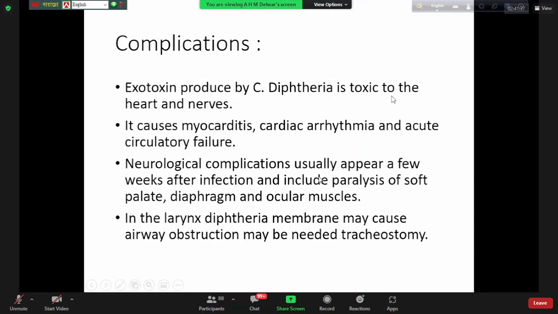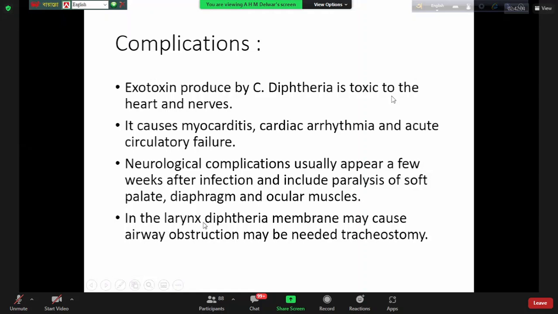Neurological complications usually appear a few weeks after infection and include paralysis of the soft palate, diaphragm, and ocular muscles. Paralysis of the soft palate and, most important, the diaphragm. When the diaphragm is paralyzed, the patient suffers from respiratory distress, and sometimes the patient may die.